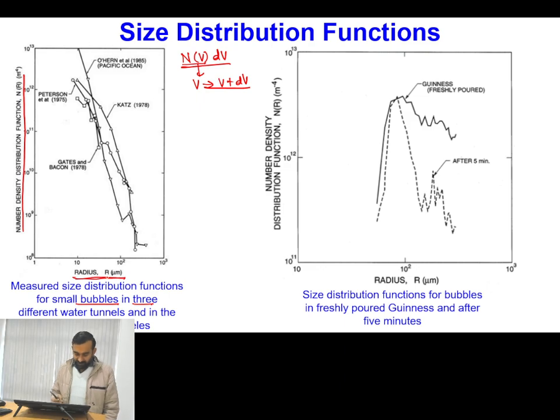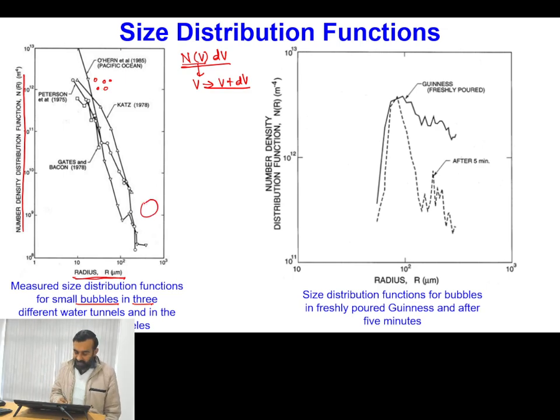In 3 different tunnels you can see how the size distribution function is varying, and one important point you can observe is that whenever the radius of the particles is small, the number of bubbles existing is more, and for large sizes the number of bubbles is less. One reason could be that the smaller bubbles, because of surface tension, can hold their entire fluid volume.